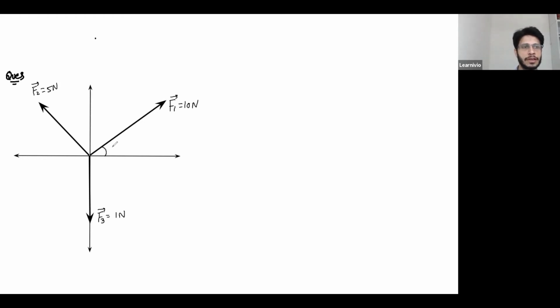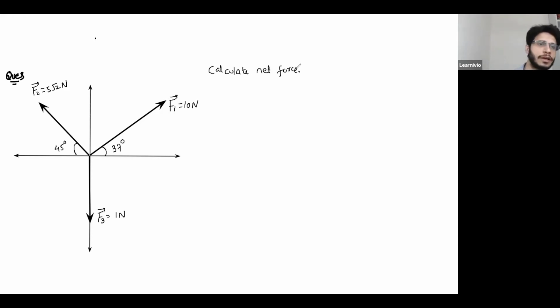Let's say this angle is 37 degree. This angle is 45 degree. Let's call this force not just 5, it's 5 root 2 Newton. You're supposed to calculate net force.